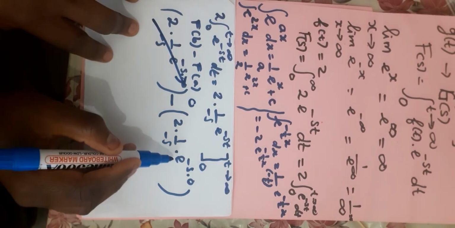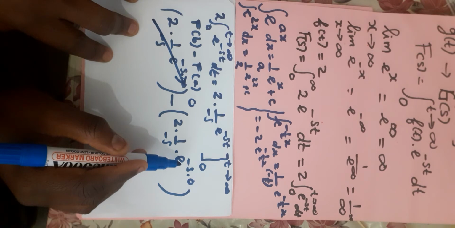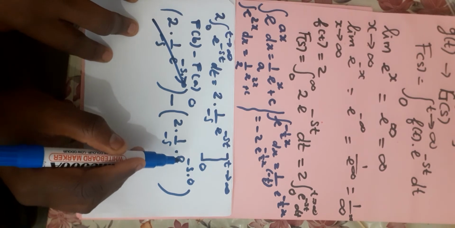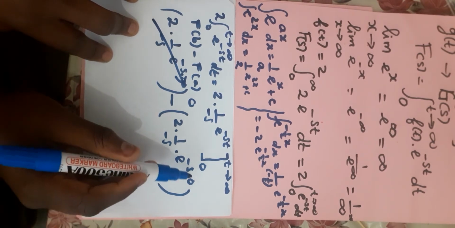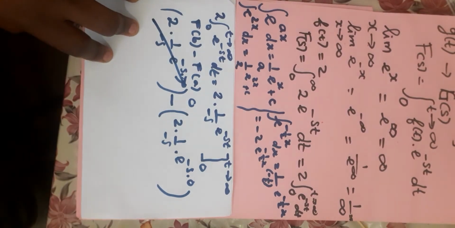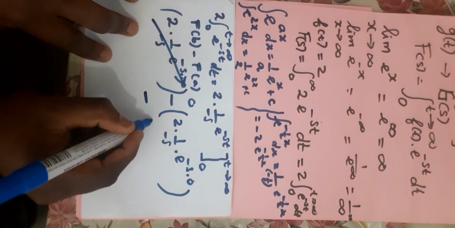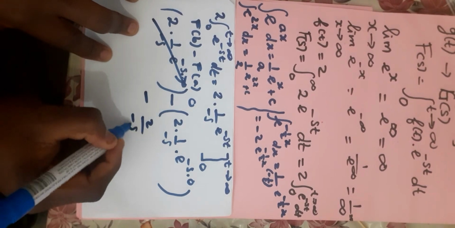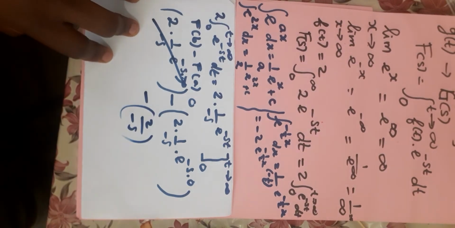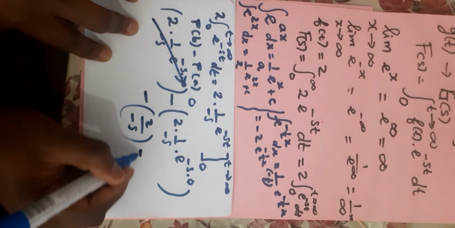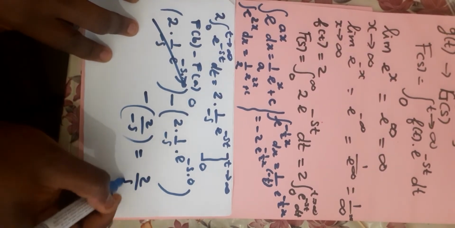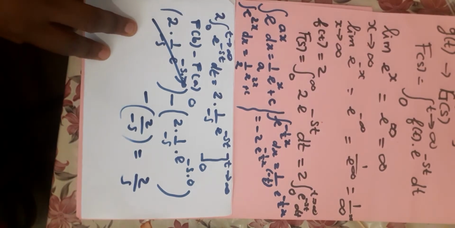But here we have e to the power minus s times 0, which gives you 1, because anything to the power 0 gives you 1. So we remain with 2 divided by minus s, and then this gives you 2 over s. Thank you for following this.